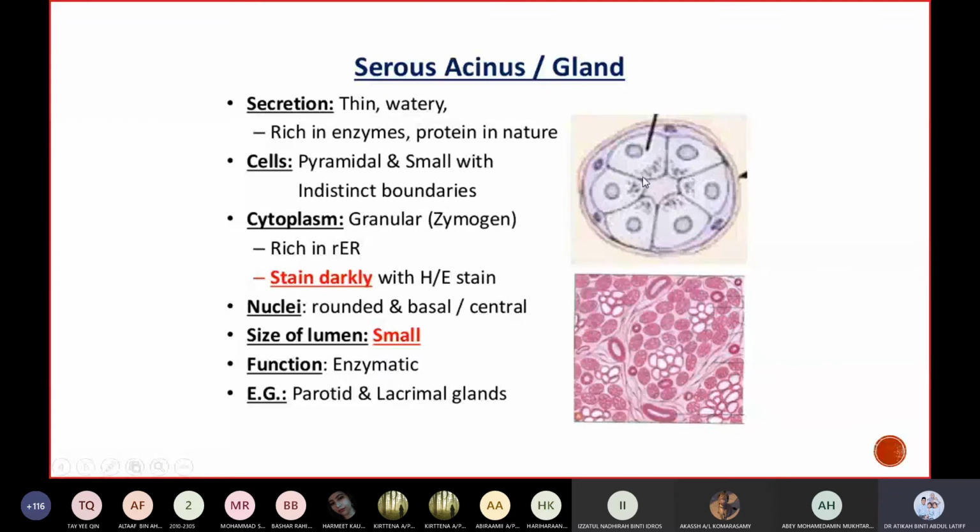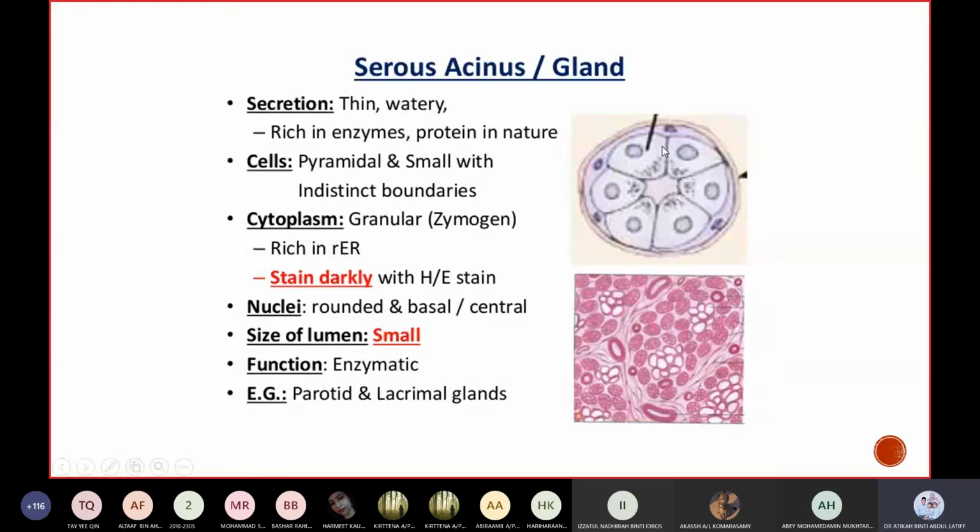Okay, they stain quite darkly with H&E staining, and they have rounded nuclei which are more basal or more central sometimes in the middle. The lumen is small. Okay, usually they secrete enzymes. For example, here in the parotid and lacrimal glands, we have serous acinus. Okay, so they secrete watery type of secretion.